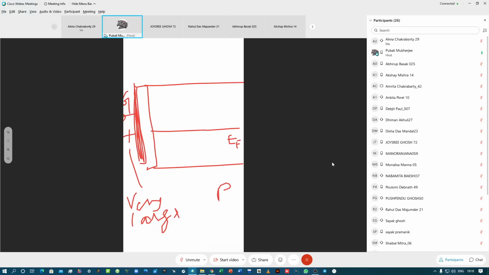Fine. And now, when there is a very large positive charge, there is large accumulation of electrons near this. This is M, this is O, this is S. There is large accumulation of negative charges in this metal oxide interface.